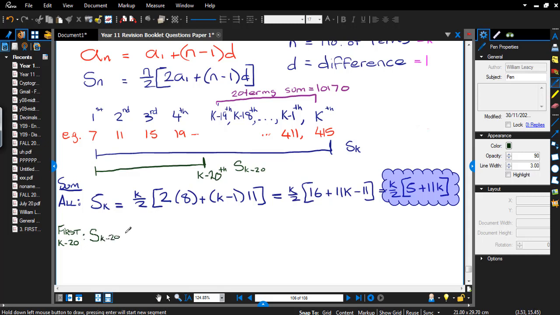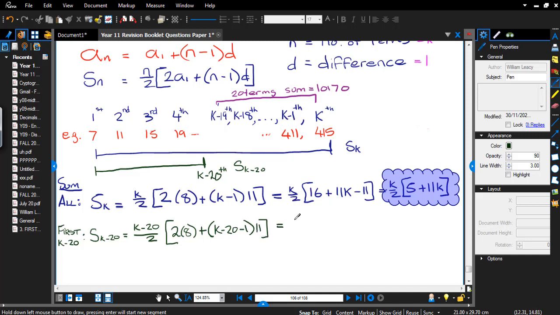A little bit more complicated, but not too bad. So we have k minus 20 over 2 times 2 times 8 plus, so instead of k we have k minus 20, k minus 20 minus 1 times 11.